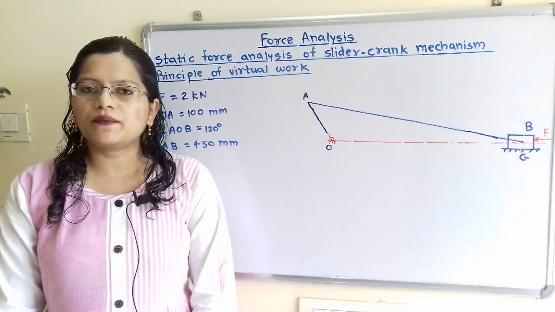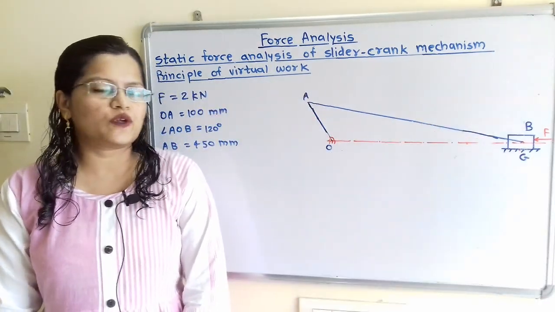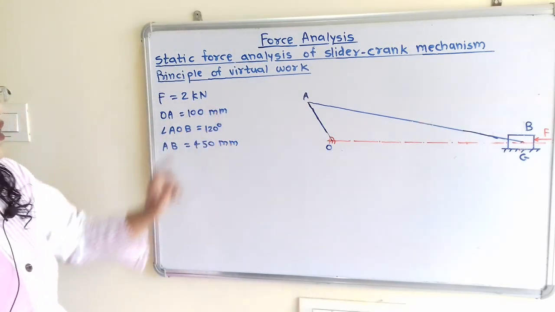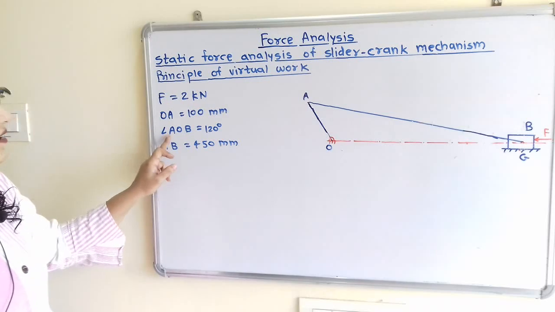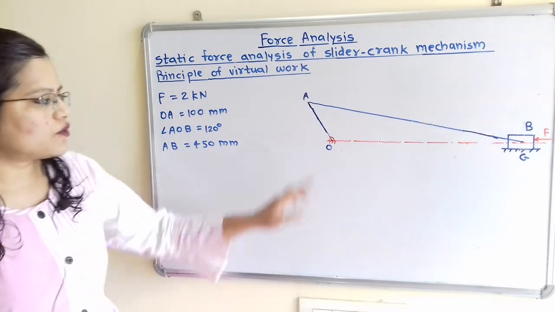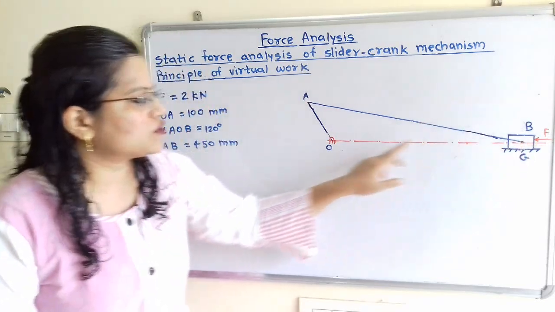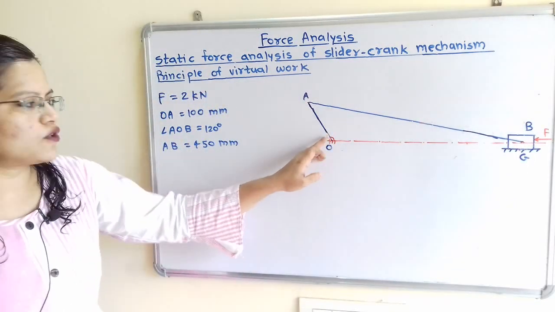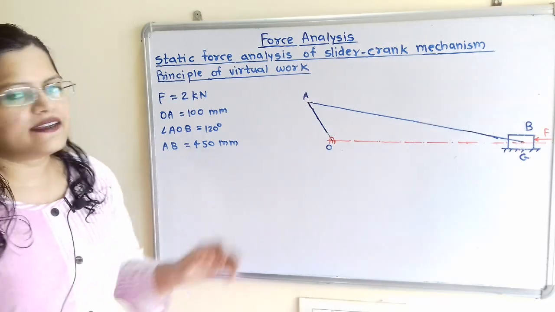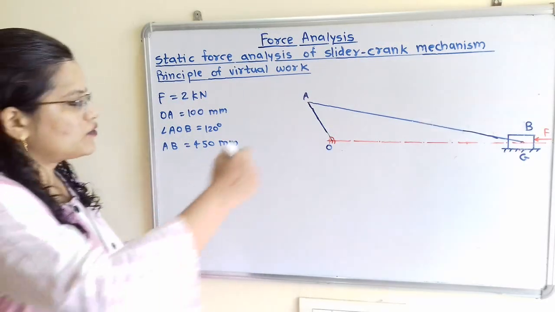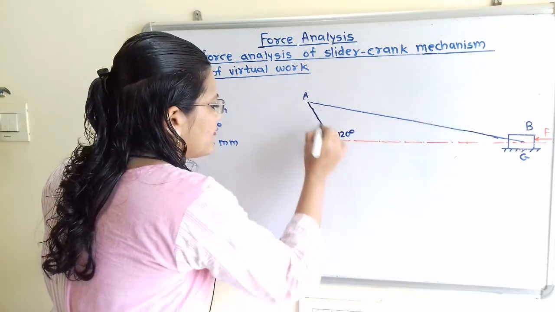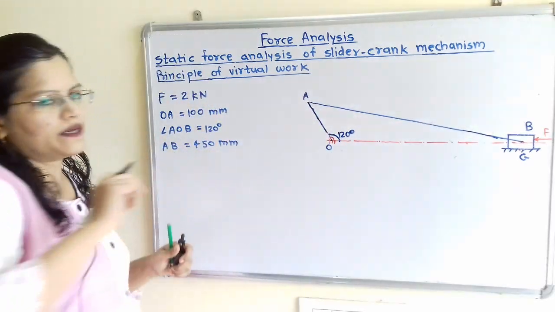We will solve one problem by using the formula for torque T. The crank OA is given 100 mm and the angle AOB is equal to 120 degrees. So we have to draw first one horizontal line and along that horizontal line we will consider any point as point O. Then at angle of 120 degree from this horizontal line, we will draw one line with some suitable scale.